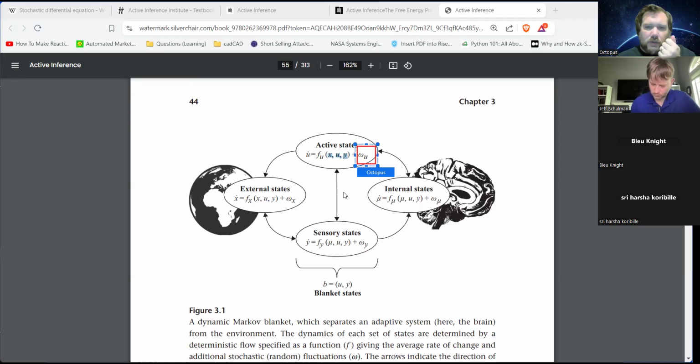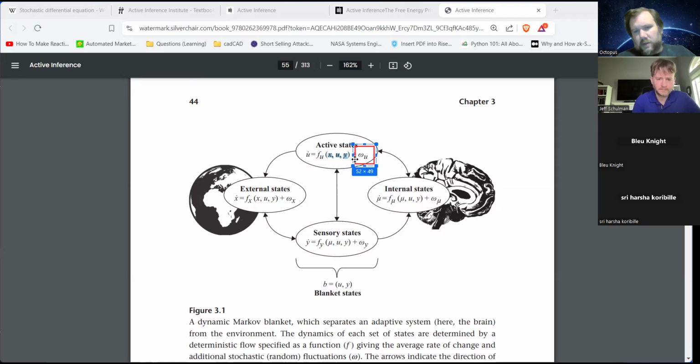So this will not generate a single trajectory like an ordinary differential equation would. Rather, it's going to generate a bunch of different possible trajectories, and each of these possible trajectories will have a probability associated with it. And that's going to be dependent on what the original deterministic update rule F sub u is, and what the original stochastic process omega sub u is.